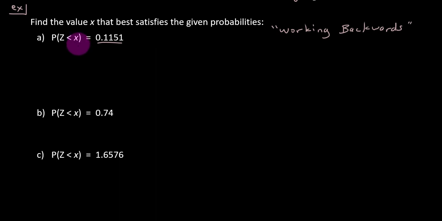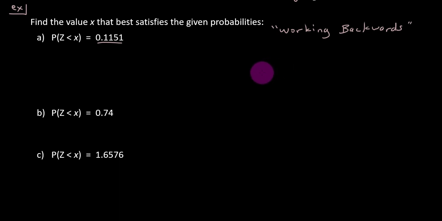So we're not finding probability. What we are finding is the x value, or actually might even better call it the z value. But to keep notation kind of clean, I'm using x. We're trying to find the value such that the area to its left is 0.1151.